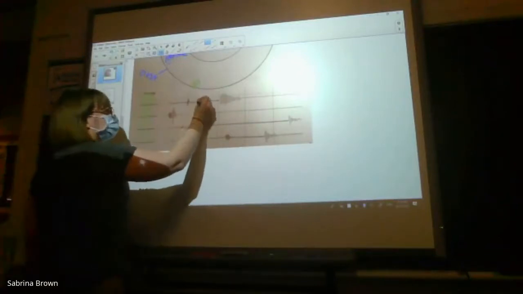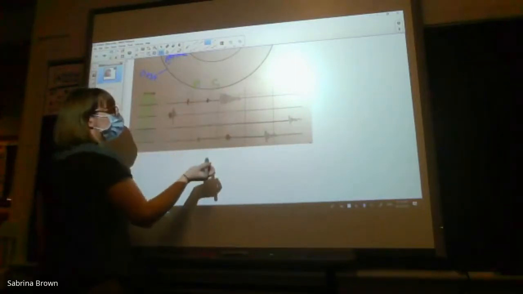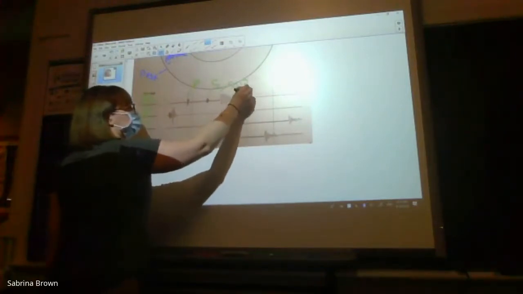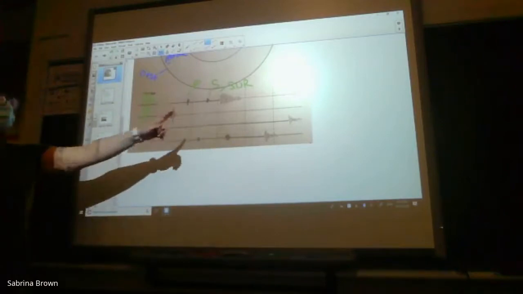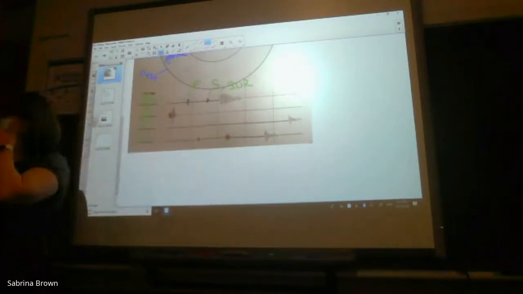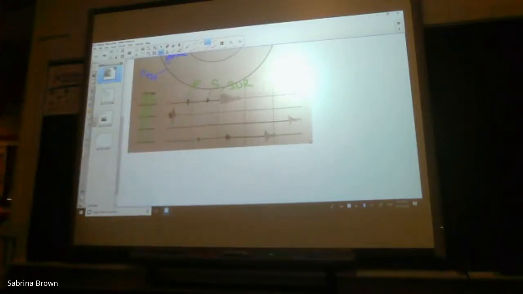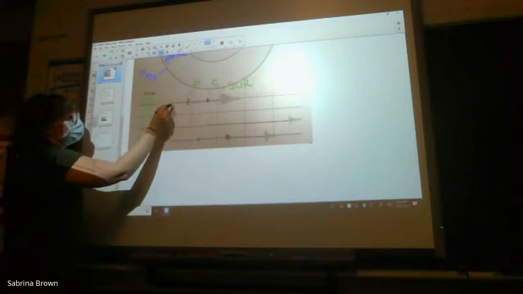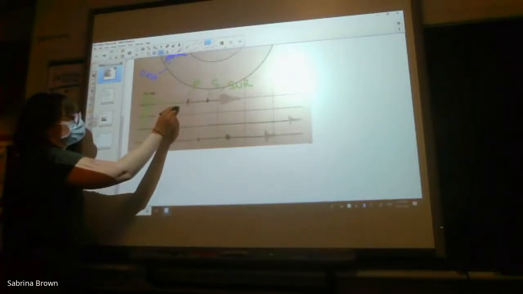The second one is going to be our S waves. And then the last one's going to be surface. Notice that the surface waves are usually much higher amplitude. Right? They're a little crazy, more wiggly. Then A, they're all super close together, right? Because it's super close to the earthquake focus.